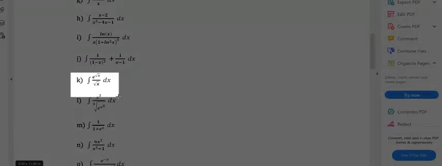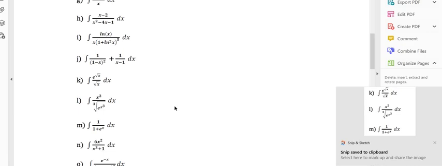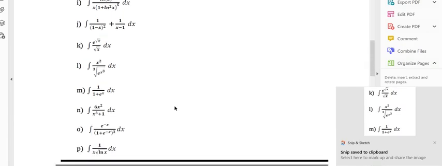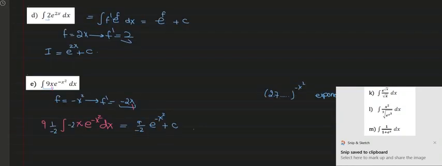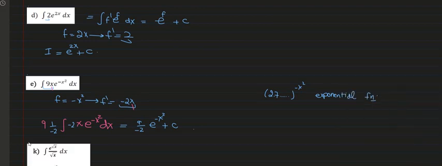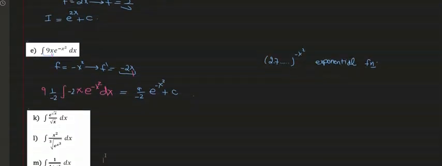Let's take these three together. Now we have e to the power of root x, that's part K. Part K, we have roots, and of course we don't have roots in the rules.